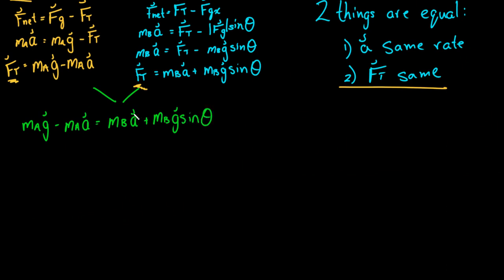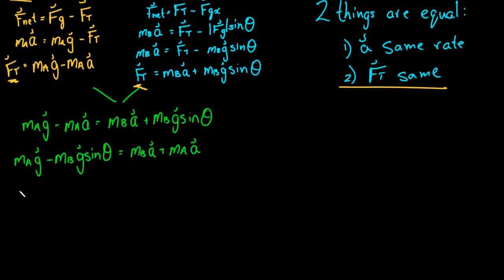Okay, I'm going to collect the accelerations on the right side of the equal sign. So I really get the force of gravity acting on the block minus that x component of the force of gravity that acts on our block on the ramp has to equal mass B times acceleration plus mass A times acceleration.